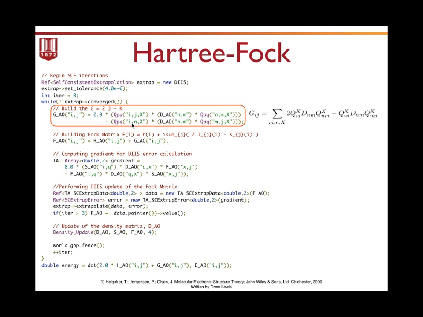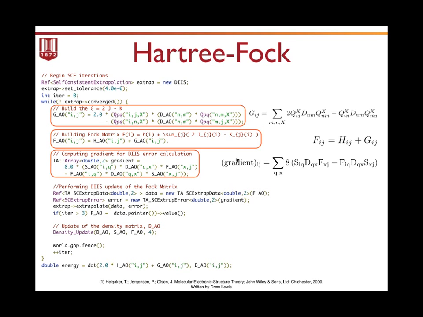Here we have the Fock matrix where we're combining H plus G. And similarly, we have the gradient, which is used for the DIIS error calculation. So this looks like a series of 3 matrix multiplications, take the difference, and then multiply it. And then finally, we have the energy calculation at the end of our loop.